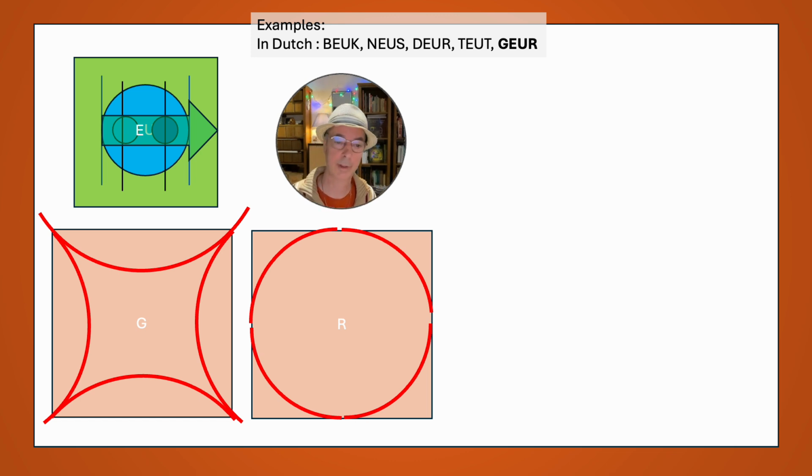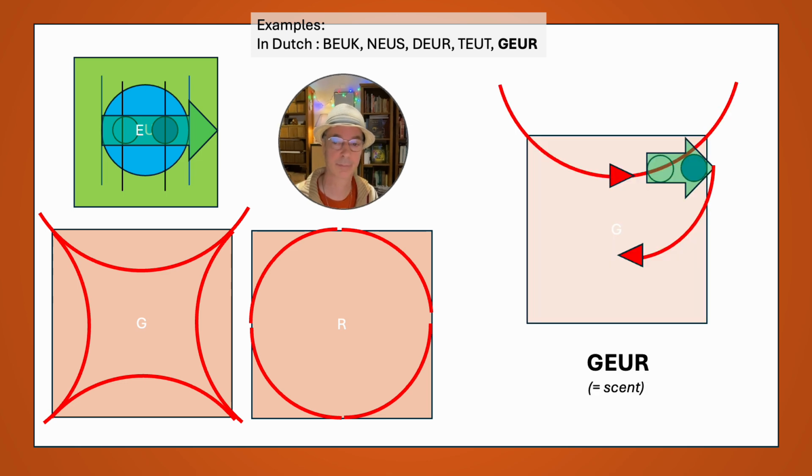I think that will be a good representation of the G, and the R, we already know, is a different kind of presentation, which both will do, how they connect to the frames or below. So let's combine G, E, and R, which should mean scent.